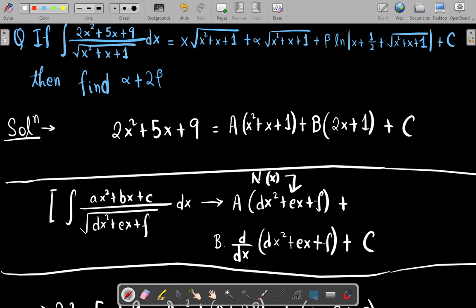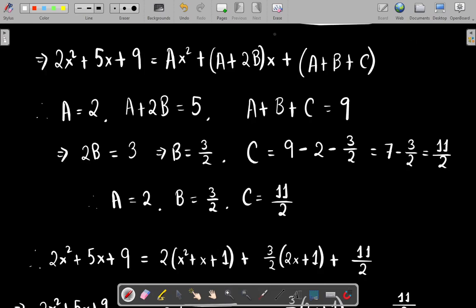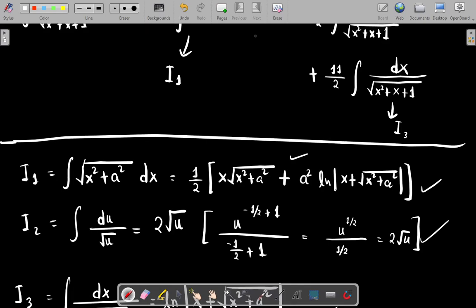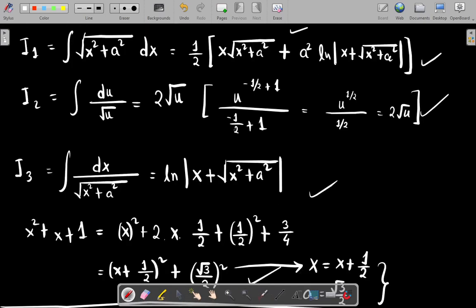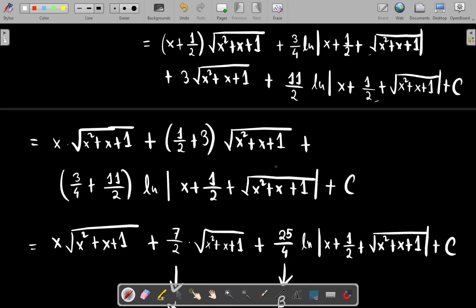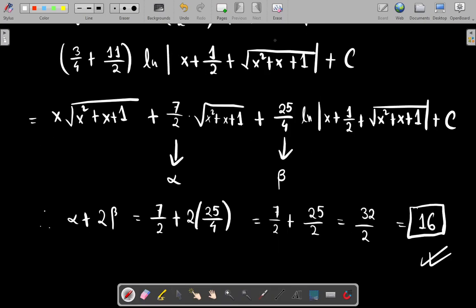It was not that difficult, but it required these formulas, which were very lengthy. You need to write them many times, and this is very time consuming and computational. These days, NTA seems to be asking such questions which are much more calculative and computational.